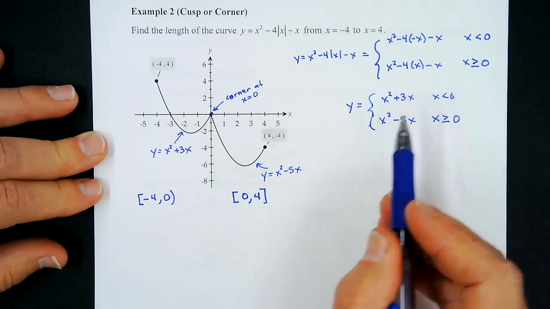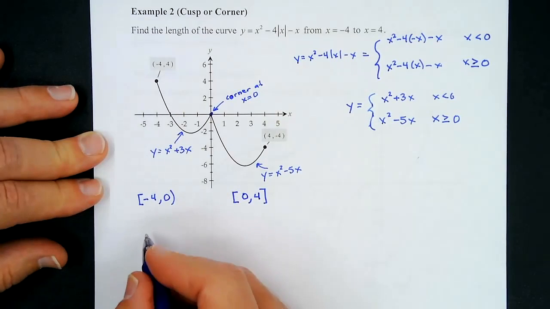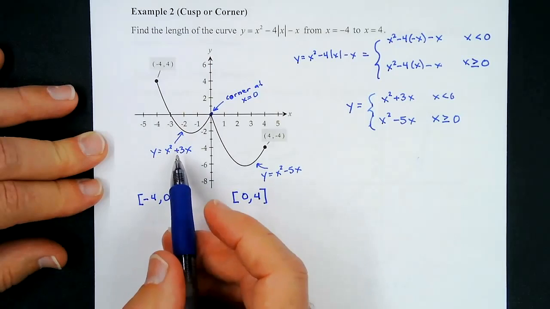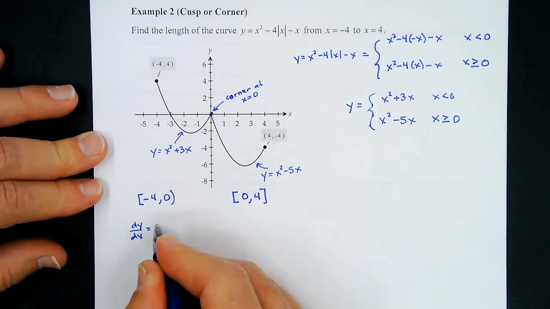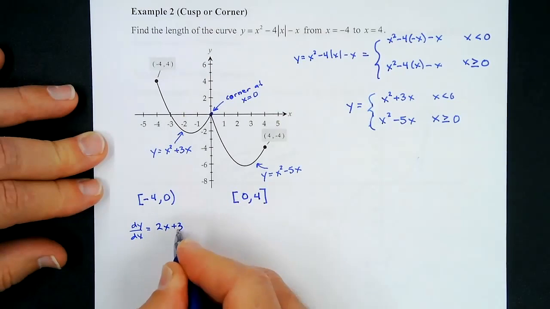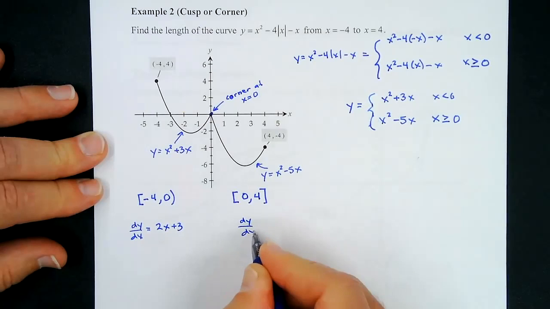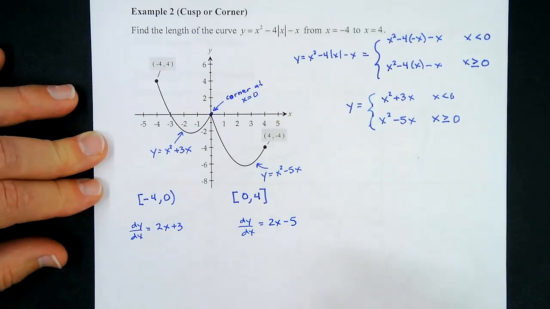When x is less than 0, that's this part right here. So to find the arc length, this is y in terms of x, so I'm going to have to find dy over dx. My dy over dx for this one would be 2x plus 3, and for this piece, it's going to be 2x minus 5.